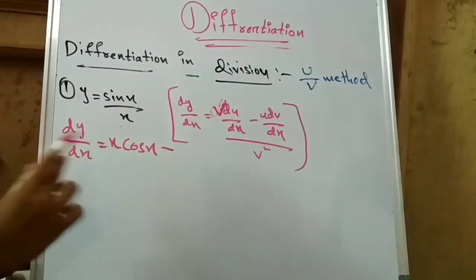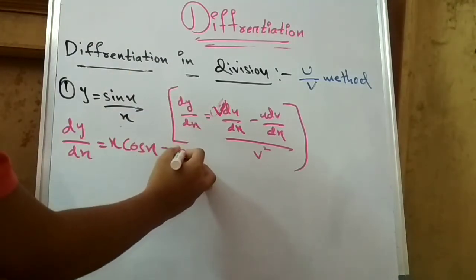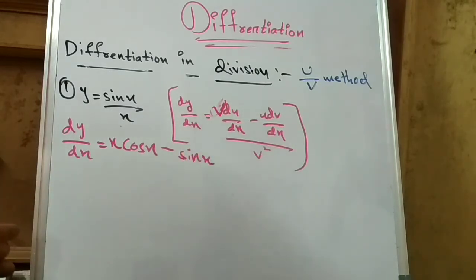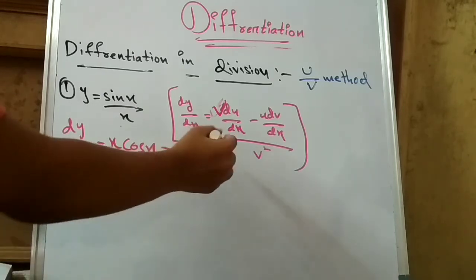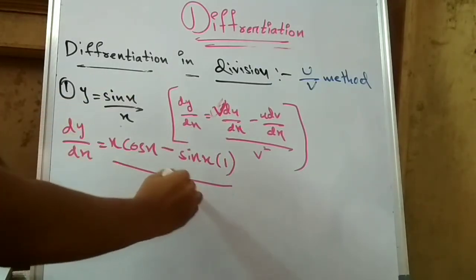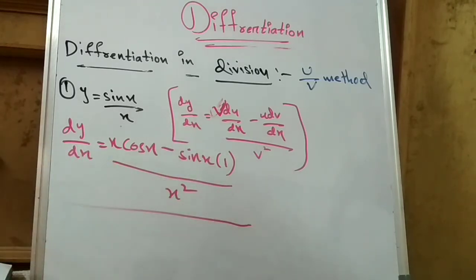U means numerator, sin x. Sin x, and then what is the denominator? It's x. So x means 1, by v square. V square means x square. Done. This is the differentiation. It's a little bit tough. It took time for me as well, but as we do the problems, it will get easier. Okay, let's move to second question.